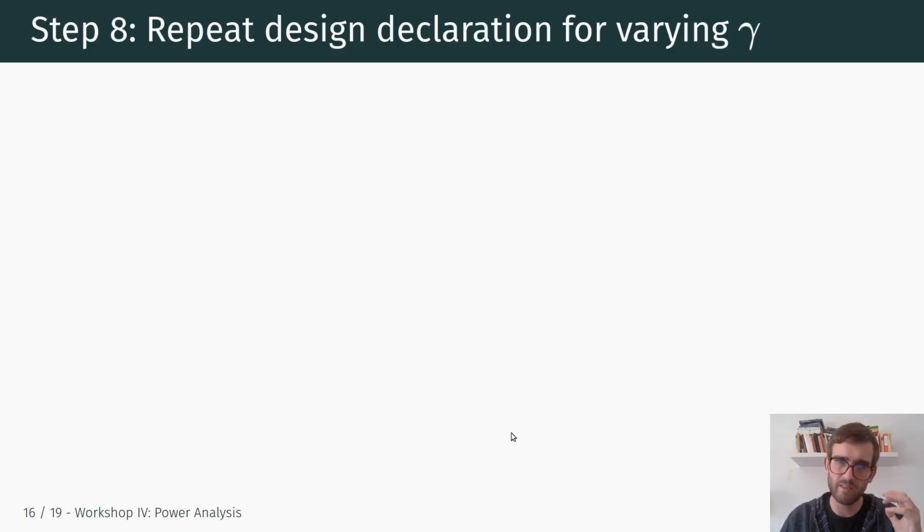In the illustration that I showed you, I just set gamma equal to 0, but the question we started with was to what extent are we able to recover or identify this motivated reasoning effect for varying effect sizes of this treatment?